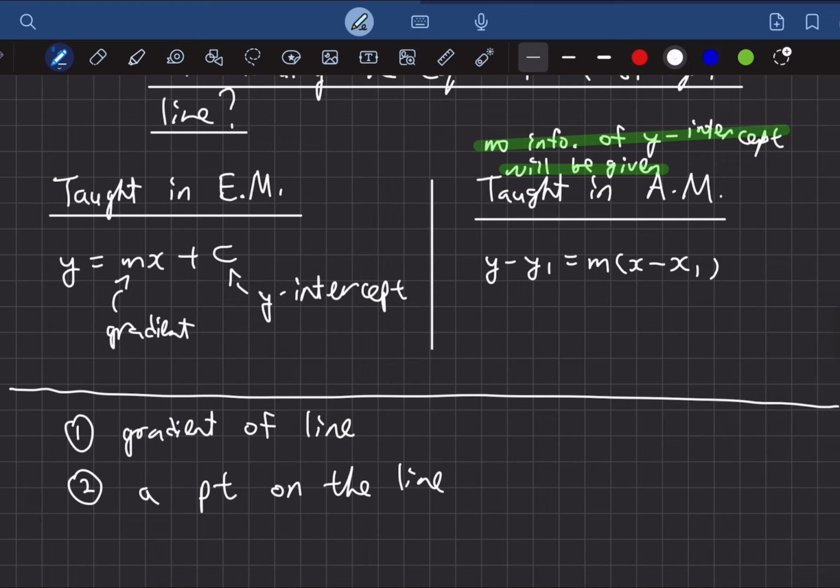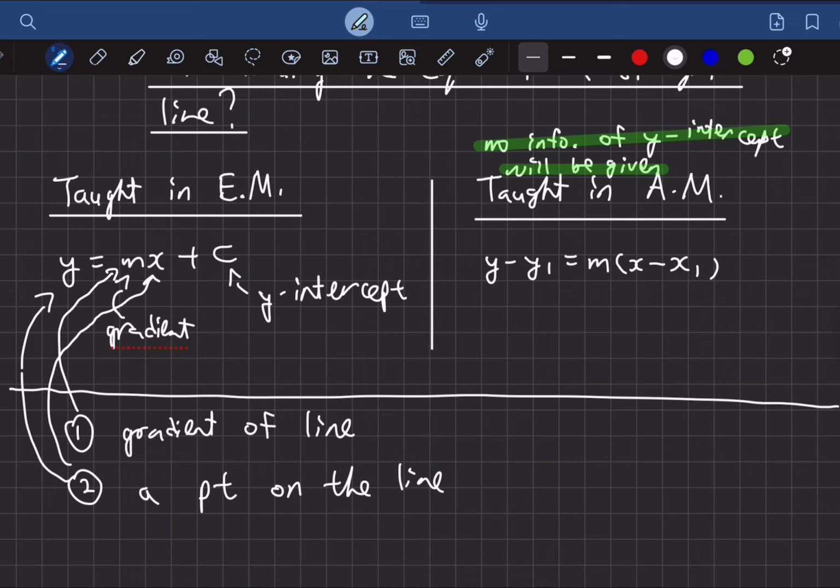So if a student wants to use the E-math method, can, we will sub the point on the line into our x and y, with the gradient of the tangent.